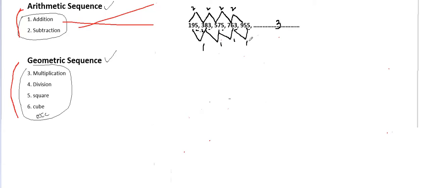And the second number will be, because it is 9, 8, 7, 6, 5, it will be 4. The first number will be 1, 3, 5, 7, 9, difference of 2, so 11. 1143 is going to be the next number in the sequence.